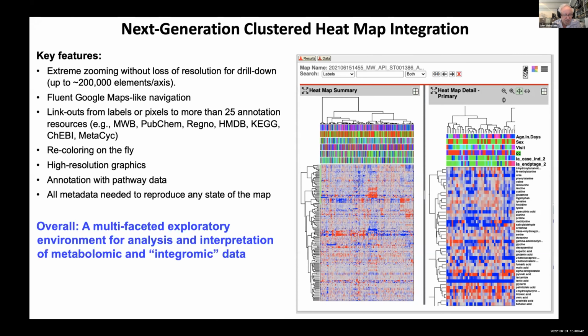That's in addition to other kinds of functions. Overall, it's a multifaceted exploratory environment for analysis and interpretation of metabolomic data, and also, as I mentioned this morning, what I have characterized in the distant past as integromic data, and others would call multi-omic.